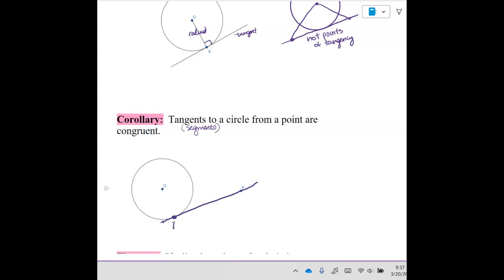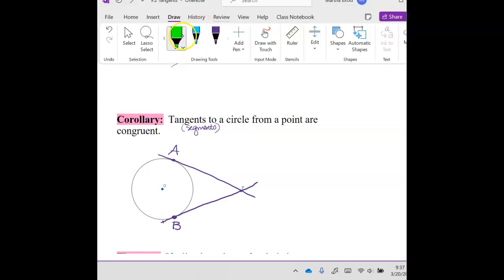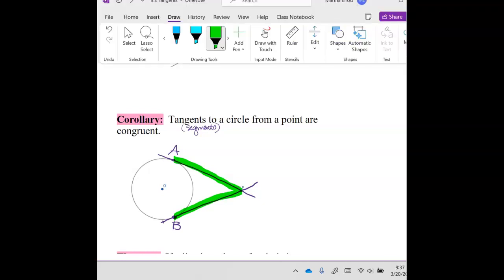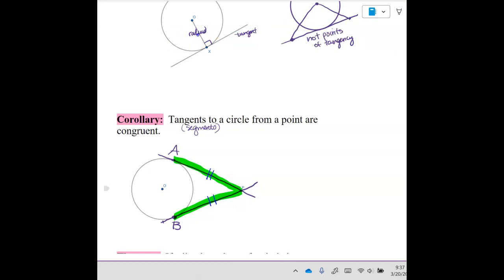We'll say it's tangent to my circle at point B. And I'm going to draw another tangent from that same point P, but coming over here, and I'm going to say the point of tangency is point A. And what this theorem is telling me is that from that point of tangency at point A all the way to that external point P, that segment's going to be congruent to this other tangent from point B also out there to point P. And so we know that these two segments are going to be congruent.